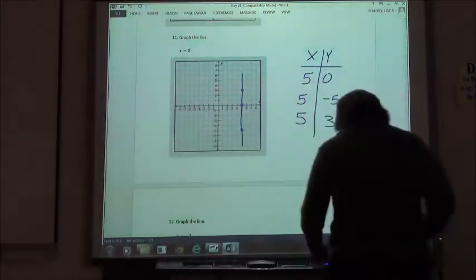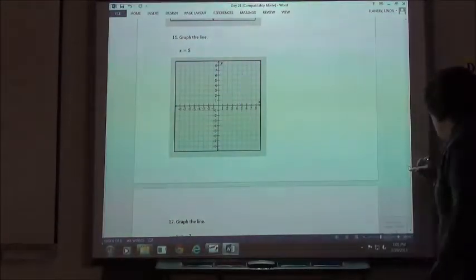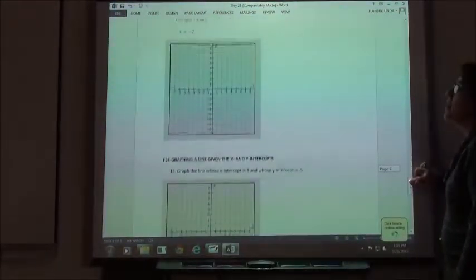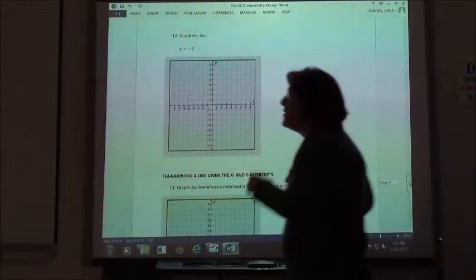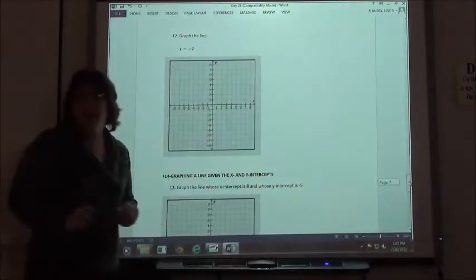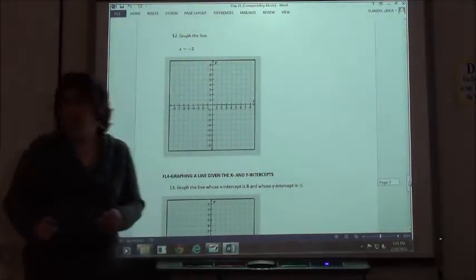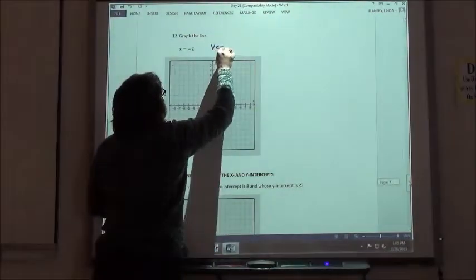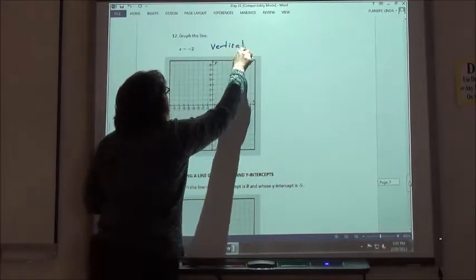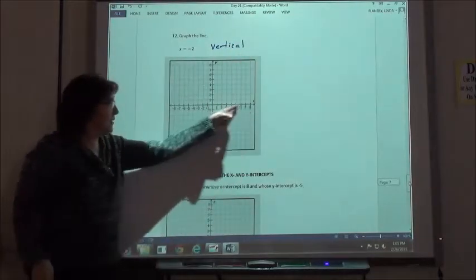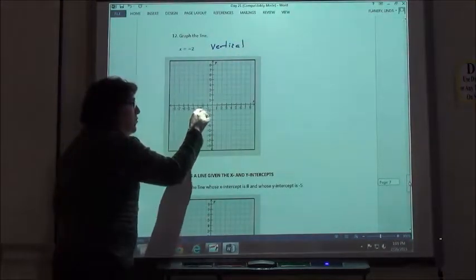Now, because I'm lazy and I know what's going to happen, I look at my equation and I say, oh, x equals negative 2. Which way does my line have to go? Vertical. Then I look at my graph. X equals negative 2 would be right here.